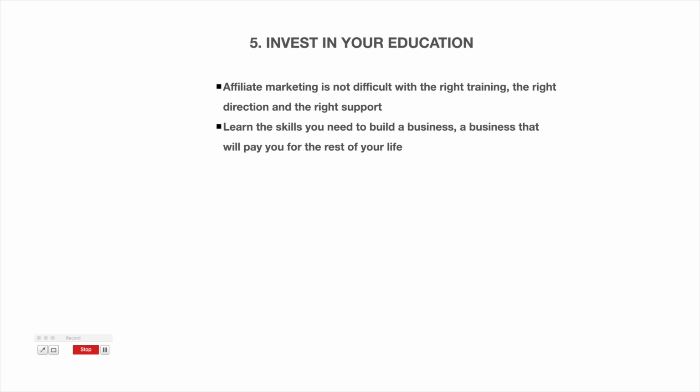So you do need to invest in your education to learn the skills that you're going to need to be able to build a business. And affiliate marketing is just that. It is a business, and it's a business that can pay you handsomely for the rest of your life.